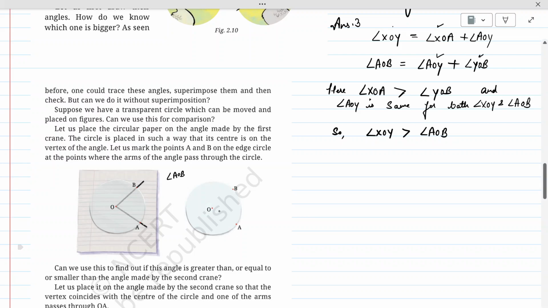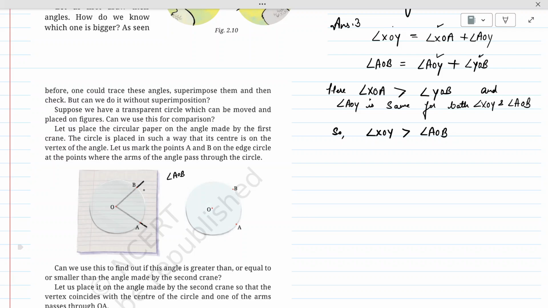Now they have taken a transparent circle and put it over this angle in such a way that the center of the circular paper coincides with the vertex of the angle. Okay, so listen again, they have taken a paper and made the angle AOB.